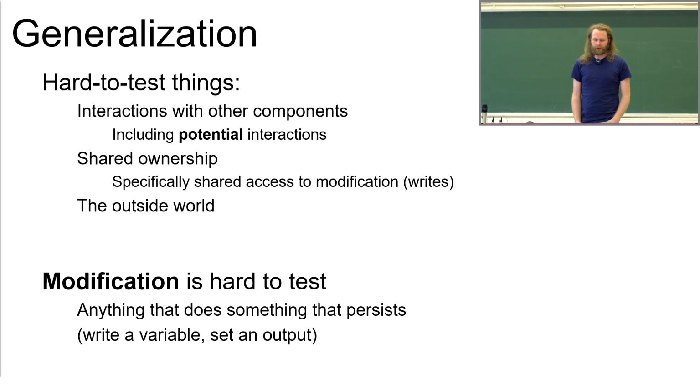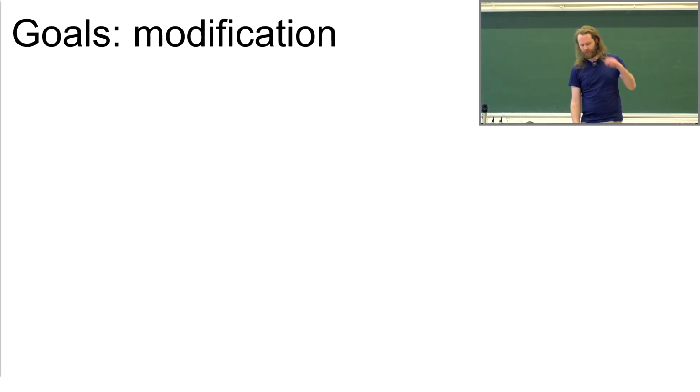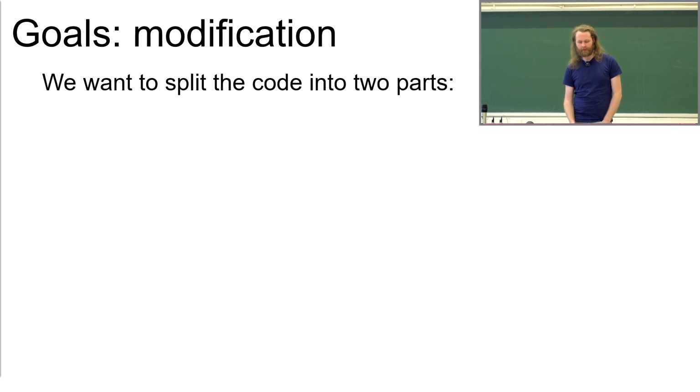So this gives us a new set of goals. Our goals are on the modification front. That's the thing that was hard to test. We want to write code that's easy to test, so we need to work with the modification. We need to work with our data writes and our variables, and especially our shared variables, and minimize those. So this gives us a way to split our code.